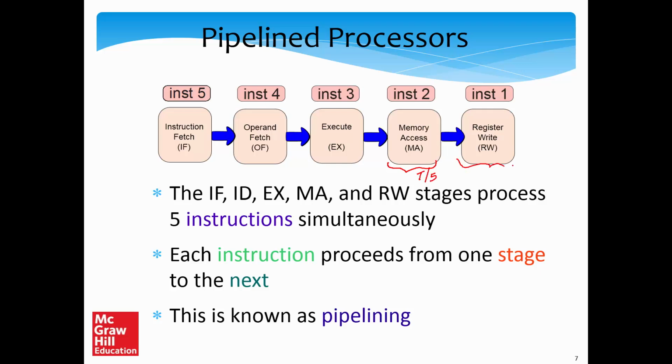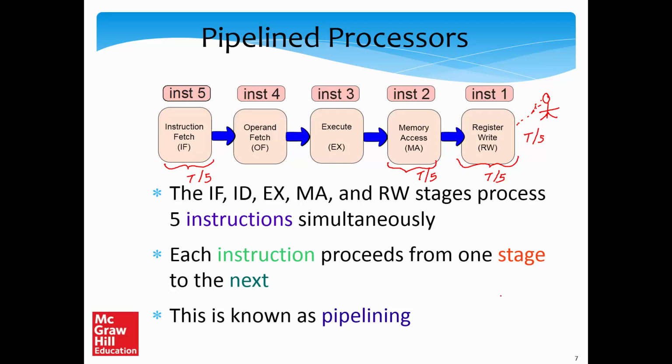To move from here to here, it will take T by 5, and so on and so forth. So consider an observer standing over here, looking at what's happening. The observer will see that every T by 5 seconds a new instruction is coming out.